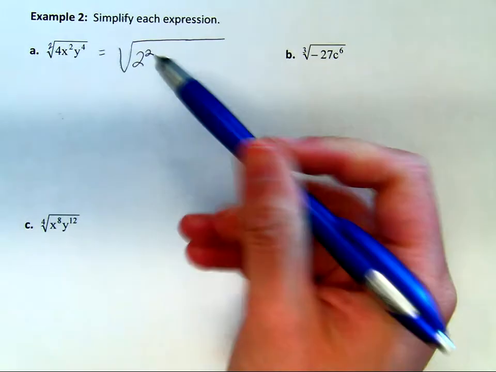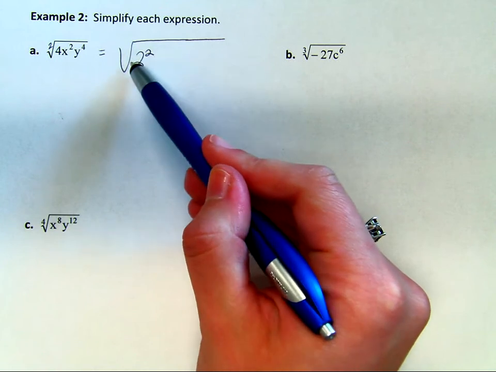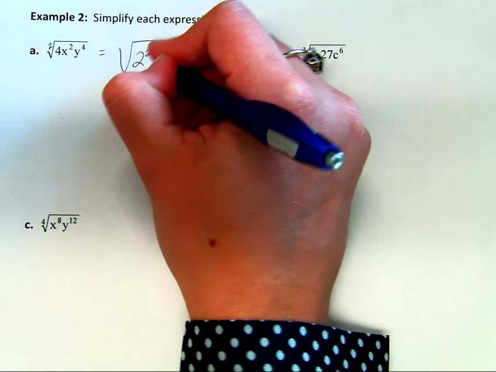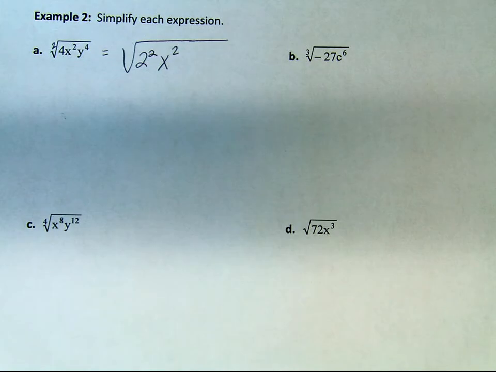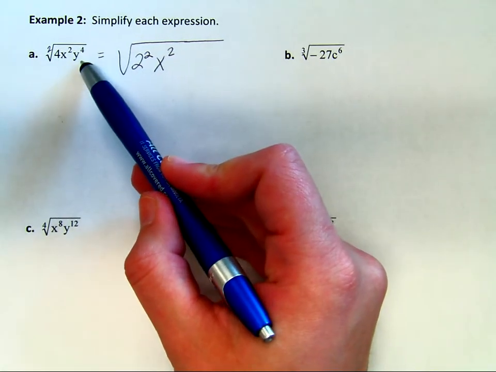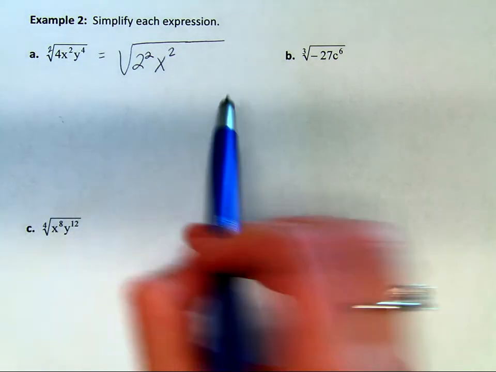Since I know the square root of something squared, those two things undo each other, in the end I'm just going to be left with the 2. X squared is already written as something squared. I want to rewrite y to the 4th as something squared, so that the square root and the something squared undo each other.